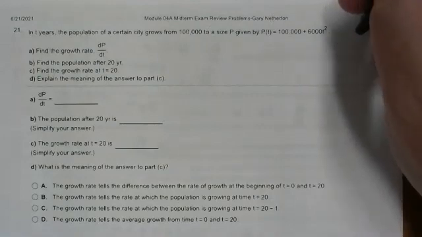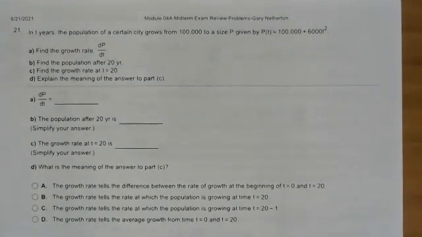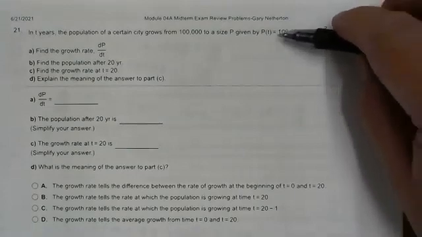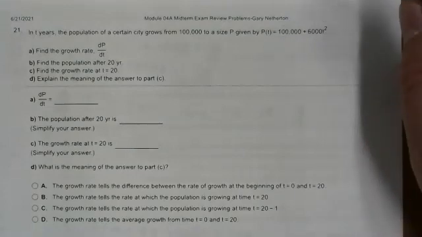Sometimes they call this a model. It may not be exactly perfect, but it's very close. So if someone wants to know how much the population is going to grow in 5 years, you plug a 5 in for t, do the calculation, and it tells you how much it's going to grow.